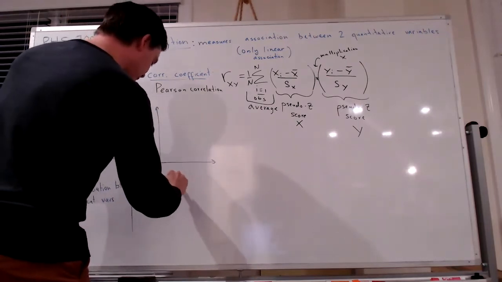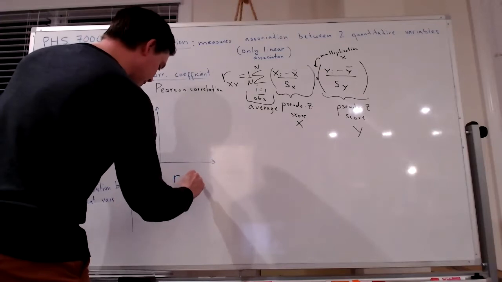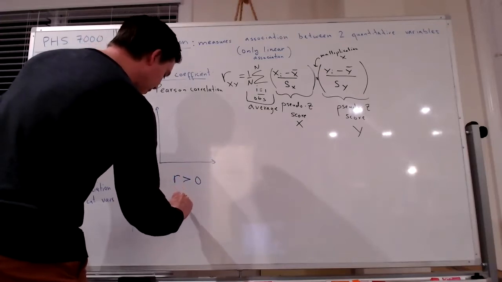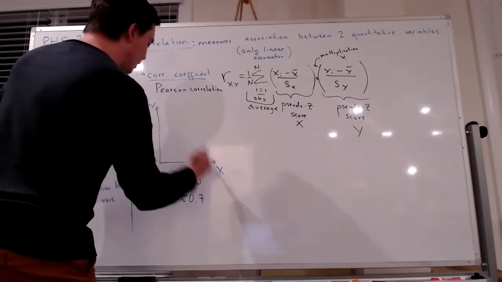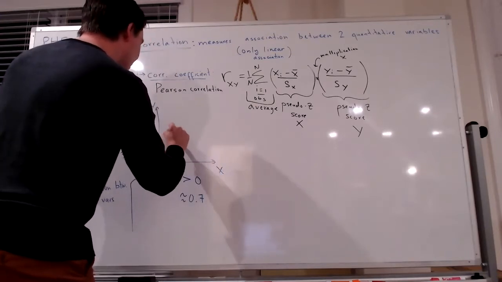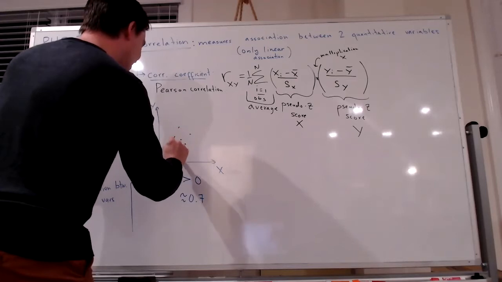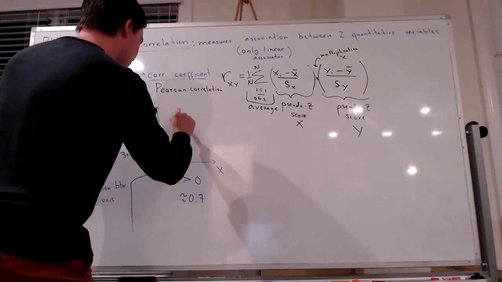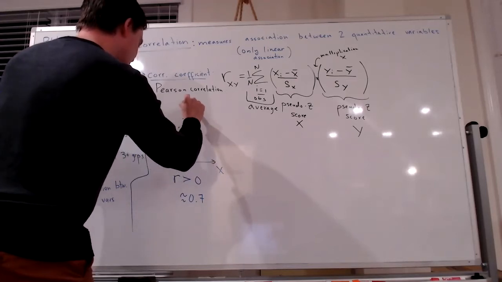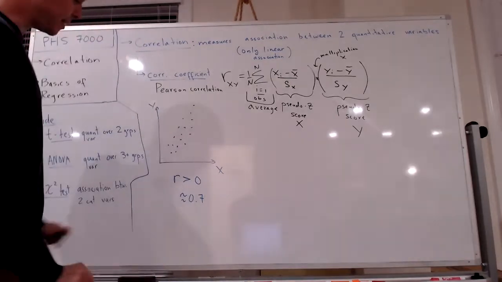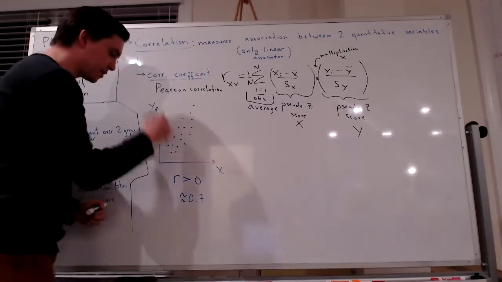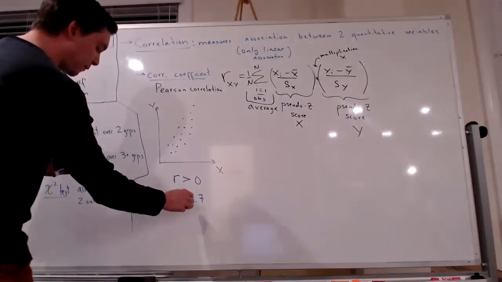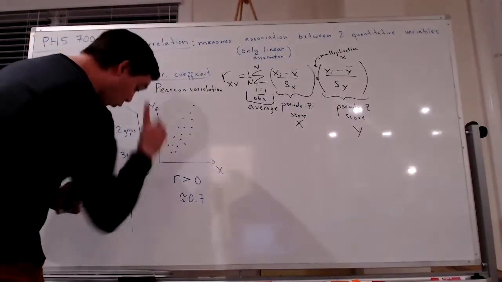So this would be R greater than 0, and, I don't know, something like 0.7. Of course, I'm going to draw it. But this in no way is a perfect association, but we have a positive association. R is like 0.7. What would it look like if R was equal to 1?